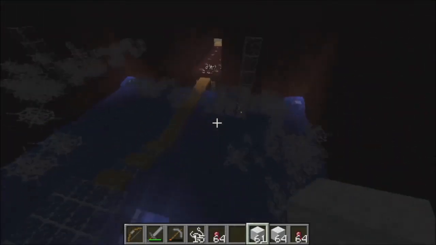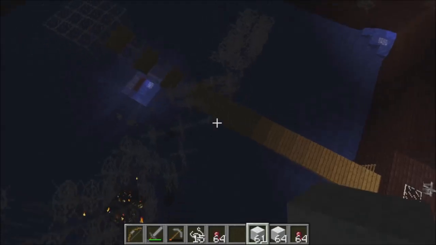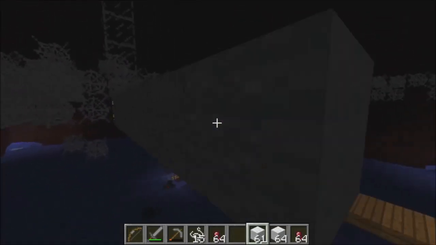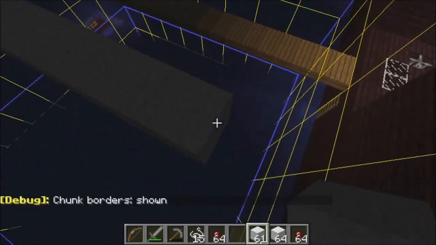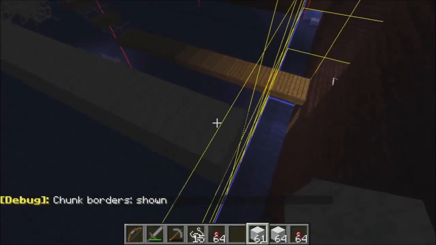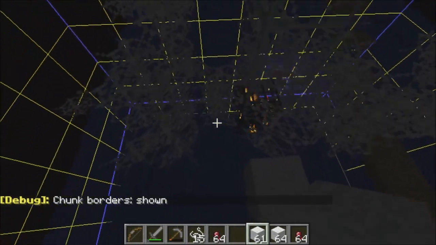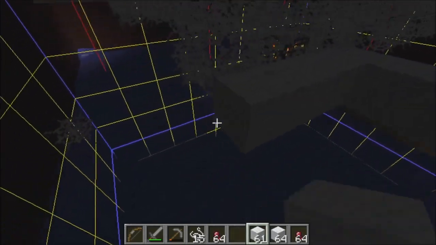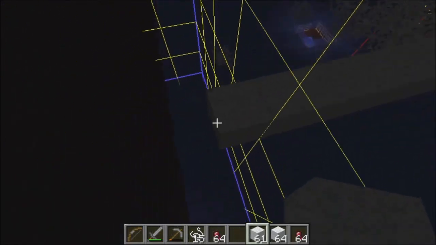And then as for the front ones, we've got 2, 3, 4, 5, 6, 7, 8, and then press F3 and G, and we can still see that we've got 2 more blocks before the sub-chunk barrier.